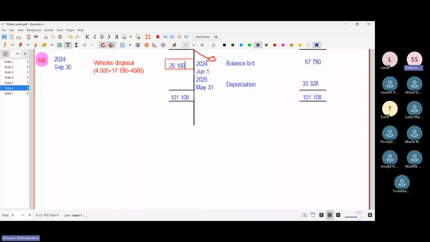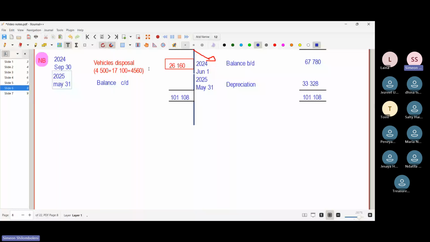This is the depreciation for that asset. That means after you do that, you are going to be left with a balance carry down, but this balance carry down is only for the assets that are still in the business. Balance carry down, which is going to be on the last day, 2025, May 31st.